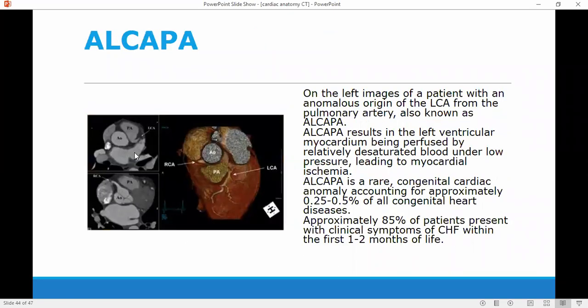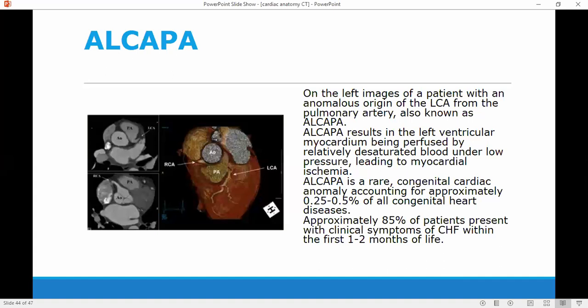ALCAPA. On the left image of a patient with an anomalous origin of the LCA from the pulmonary artery, also known as anomalous left coronary artery from pulmonary artery.